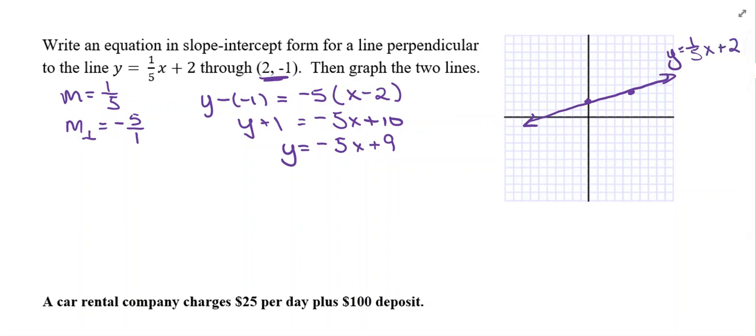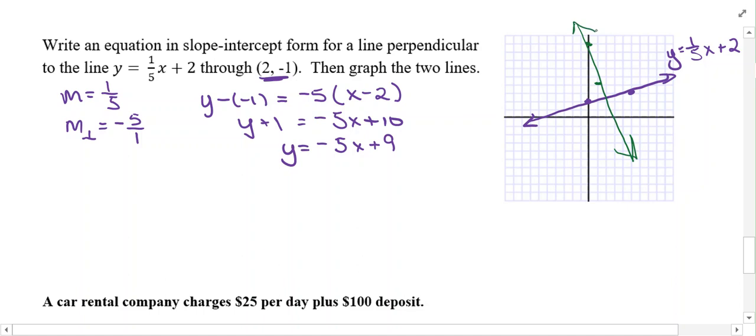For the second line, our y-intercept is 9. Our slope is -5/1, so down 5 over 1. And here's our second line. y equals -5x plus 9.